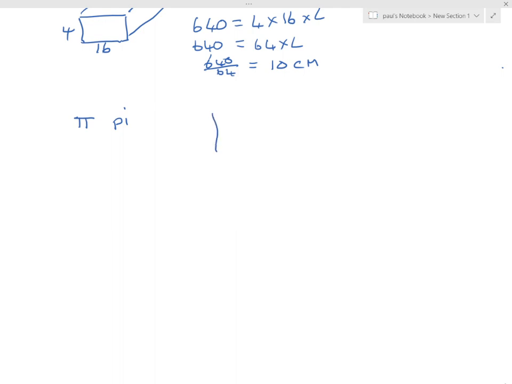Now, on your calculator there, right down the bottom, there's a button in the middle which has a little yellow pi symbol above it, and there's the display, and up here there is a shift. So when we want to do pi, we go shift pi, and the pi goes in the display there. So that's how to use the pi.